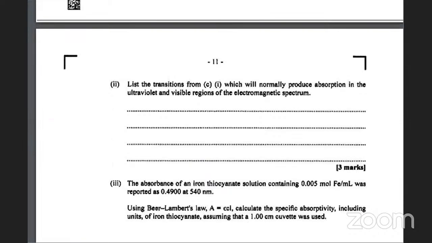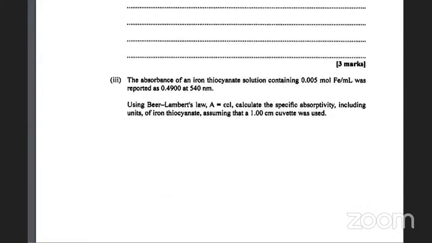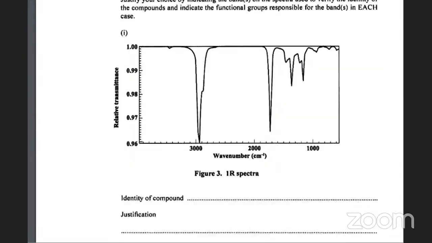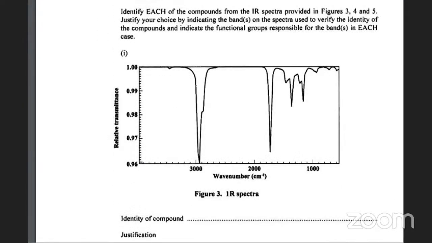For infrared spectroscopy, you must know how to interpret these charts. Now, this is not difficult. You're going to get the booklet, so you will have what we call the wave numbers.